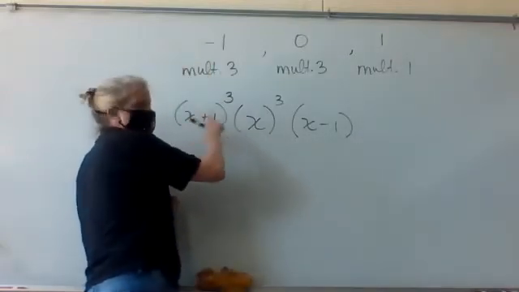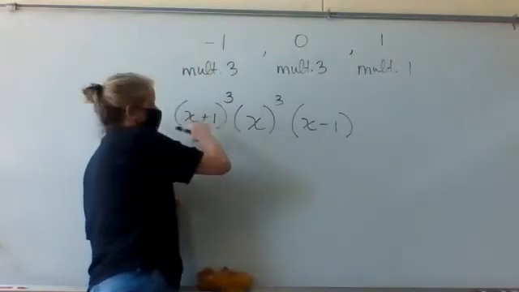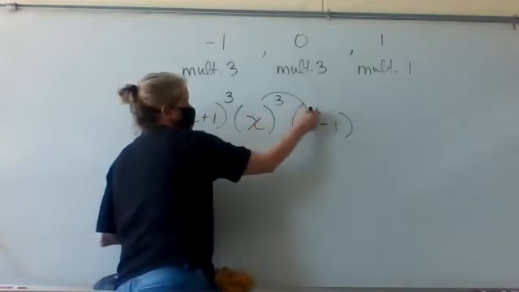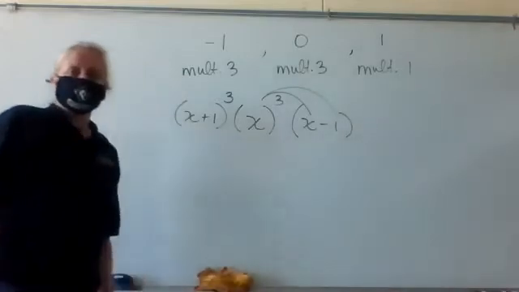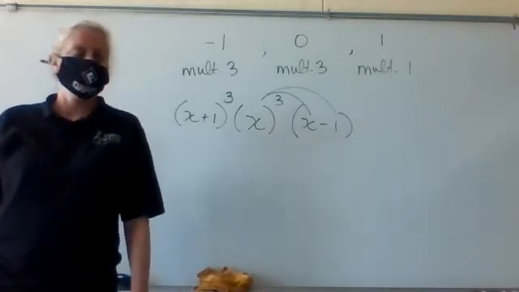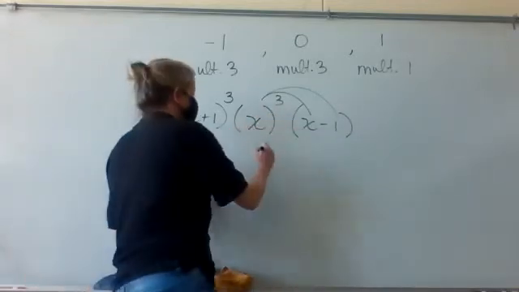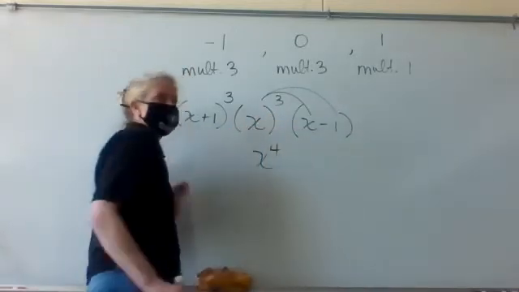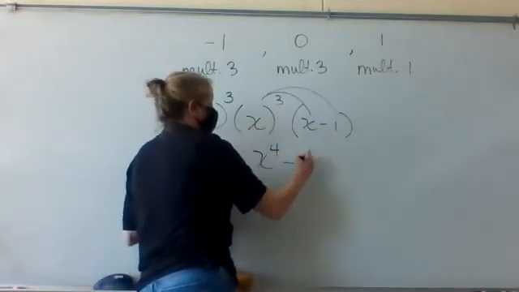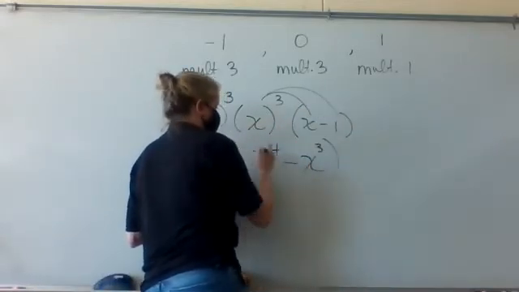This looks like it's going to be a mess, and it is. So I'm going to leave that alone for a minute. I'm going to distribute this x to the 3rd to both of those and take care of that multiplying. So x to the 3rd times x just gives me x to the 4th minus x to the 3rd times 1 is x to the 3rd.